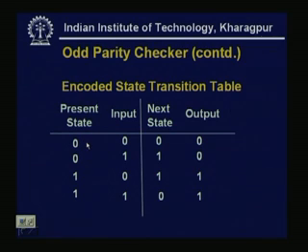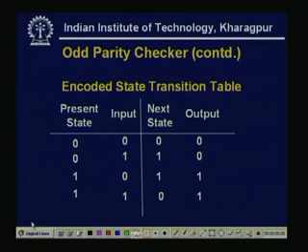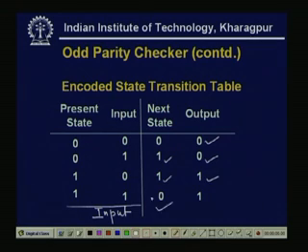If the present state and input are taken as the inputs of the machine, then 0 0 gives next state 0 and output 0, then 0 1 gives next state 1 and output 0, 1 0 gives next state 1 and output 1, and 1 1 gives next state 0 and output 1.